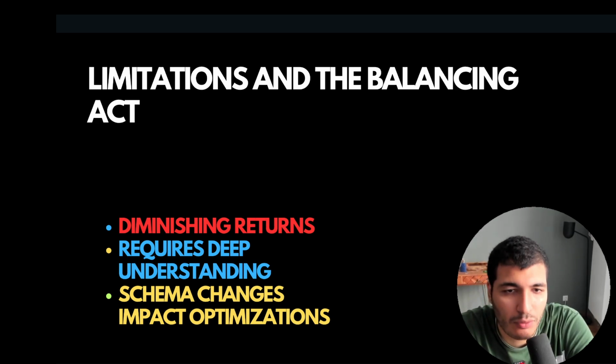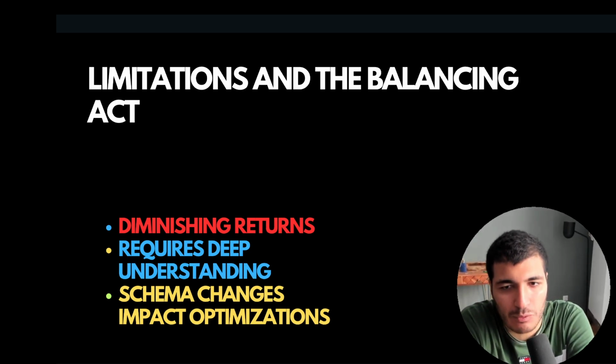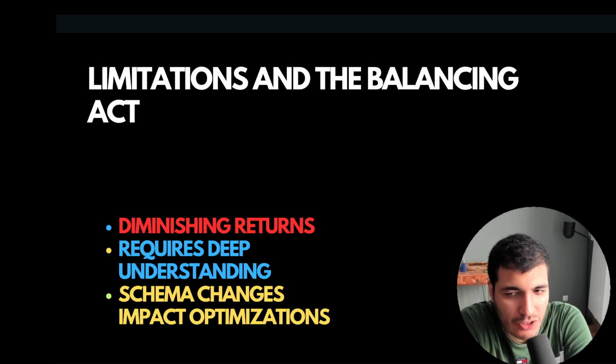At some point, you will reach a point of diminishing returns, and further performance gains will require architectural scaling techniques like caching, sharding, or read replicas. Query optimization is often about finding the low-hanging fruit and tackling the biggest bottlenecks.